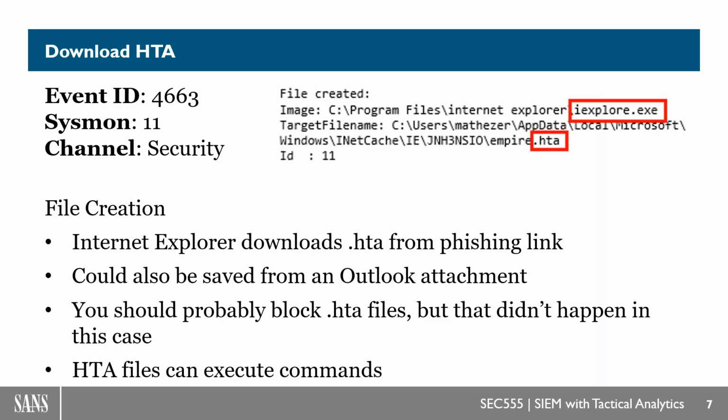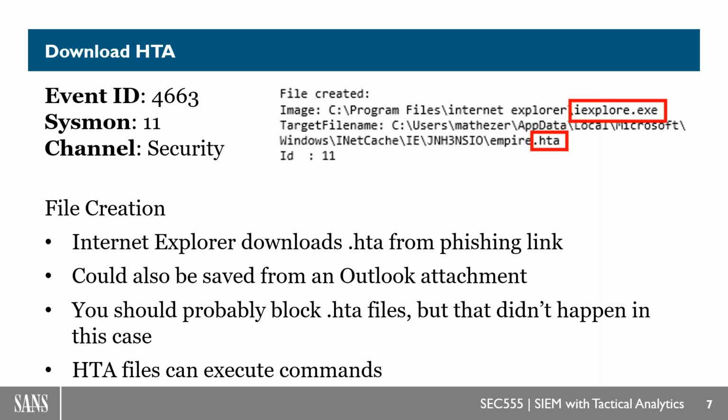So we have installed Sysmon on our endpoints and are using it to generate logs. In this case, this log entry we see here, and most of these log entries, are select lines from a log entry. You wouldn't see the same fields in precisely the same order necessarily.